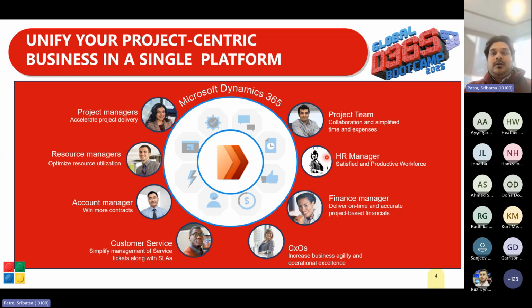The HR manager can ensure that the workforce is productive and satisfied. The finance manager can deliver on-time and accurate project-based financials. The CXO has increased business agility and operational excellence, and customer service can simplify management of service tickets along with the SLAs, right? Now, how does everything fit in the bigger picture when it comes to the Dynamics 365 platform ecosystem?